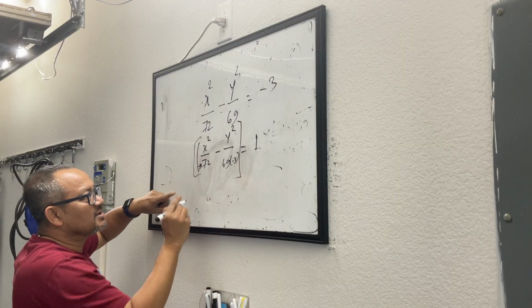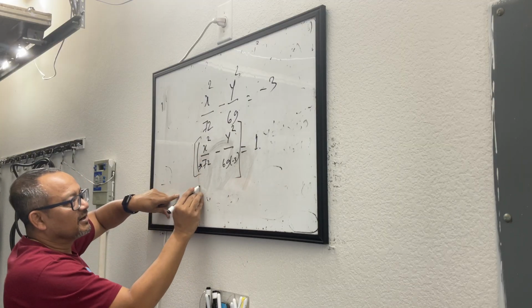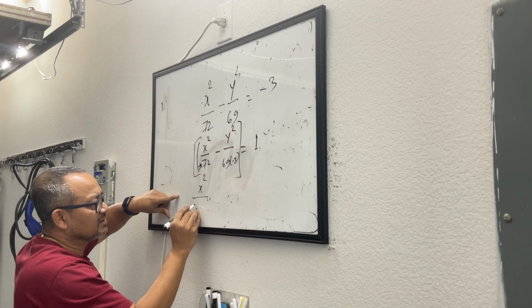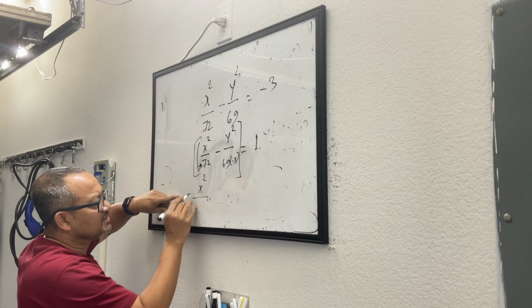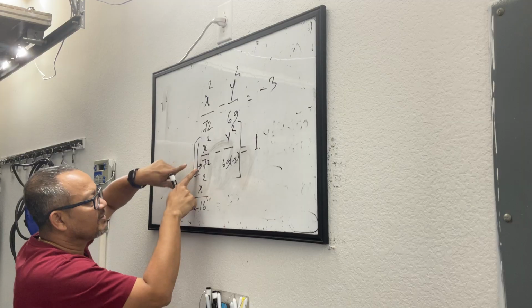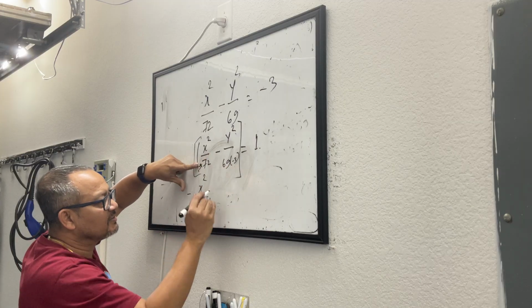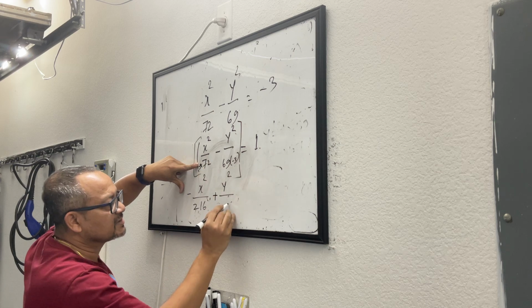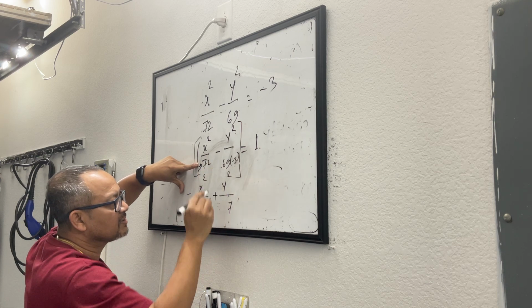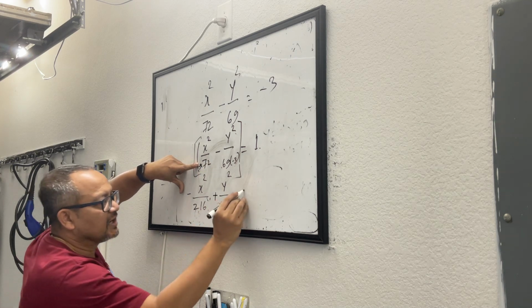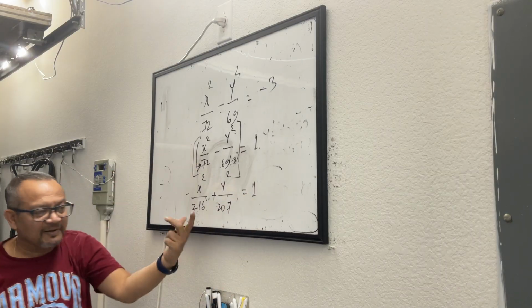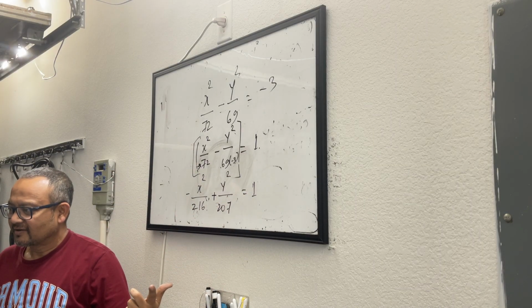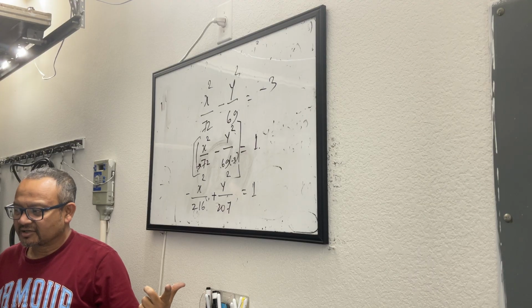So this guy will become x squared by 72 into 3, 216, minus 216 because I have a minus here. And this minus into minus will become a plus y squared by 69 into 3, which will be 207, equal to 1. And it flipped the whole story. Does that make sense?